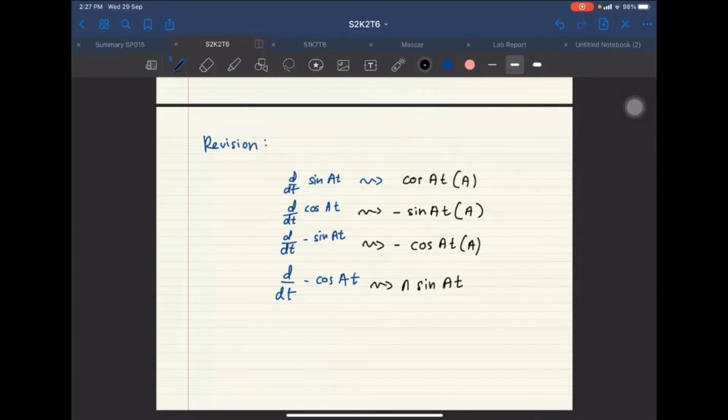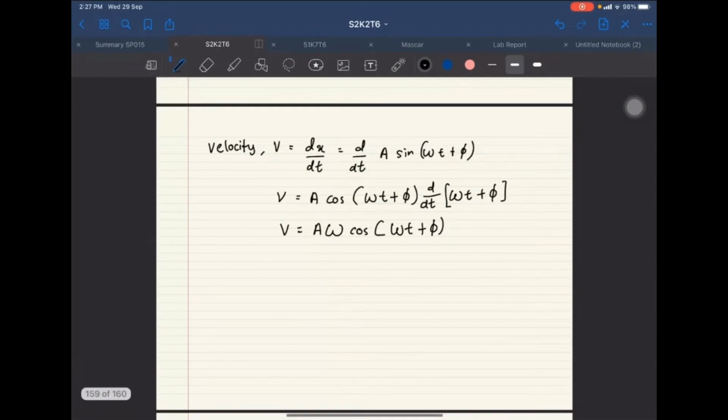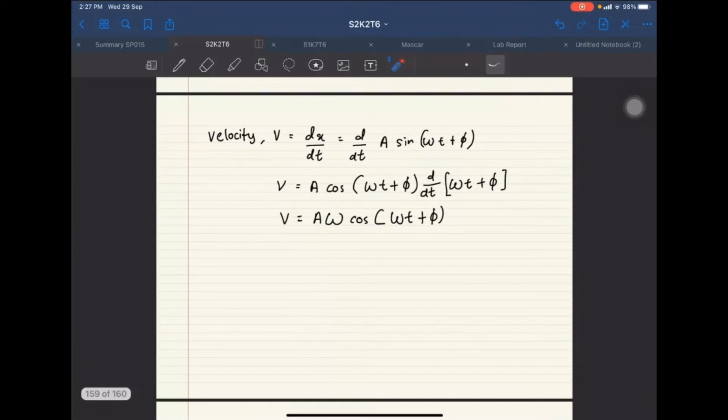Okay, put the A over here. Biasanya kita tak consider kat depan lah. Okay, so hopefully you guys can remember yang this one lah. So it really depends on the starting punya function. If it is in sine, you get cos. If you start from cos, then you get negative sign. Please remember that.